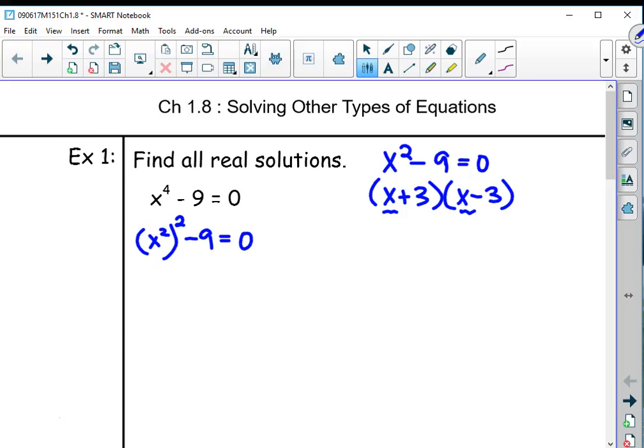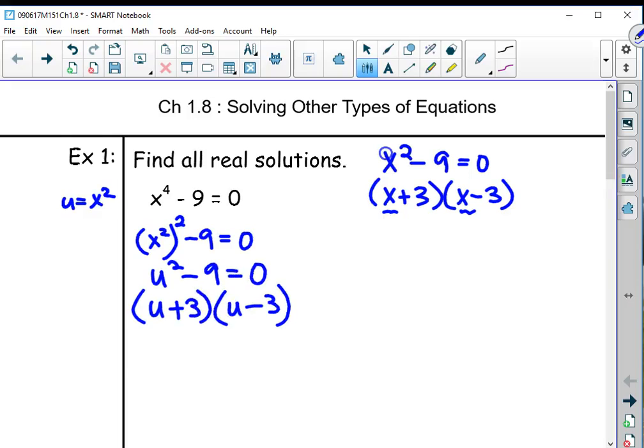Instead of factoring with x, the way the book says it, it says u is equal to x squared, so we could rewrite this as u squared minus 9. Now it looks like a quadratic. Go ahead and do our factoring, and then at the very end we're going to replace the u with the x squared. This is a really common technique that you'll see as we move into higher mathematics.